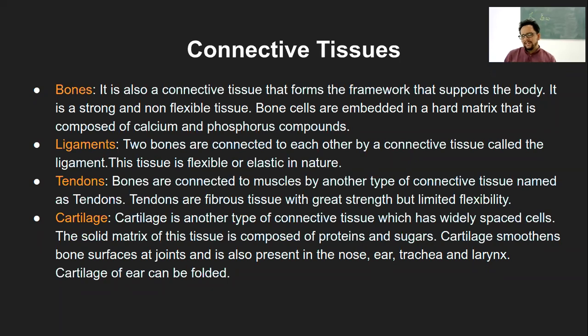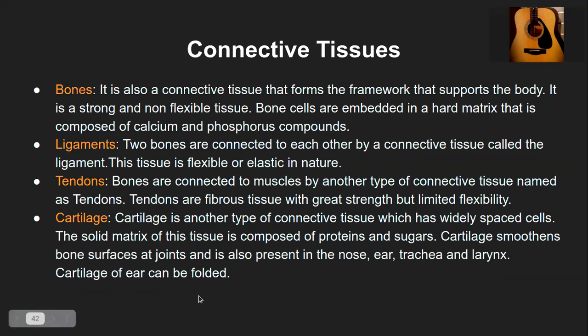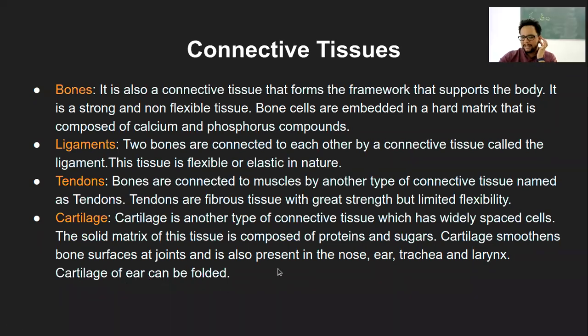And larynx, I hope you are aware of the pharynx and larynx in the gastrointestinal system. The larynx also has a part of cartilage. And the cartilage of the ear can be folded, like I said, either inward or outward.